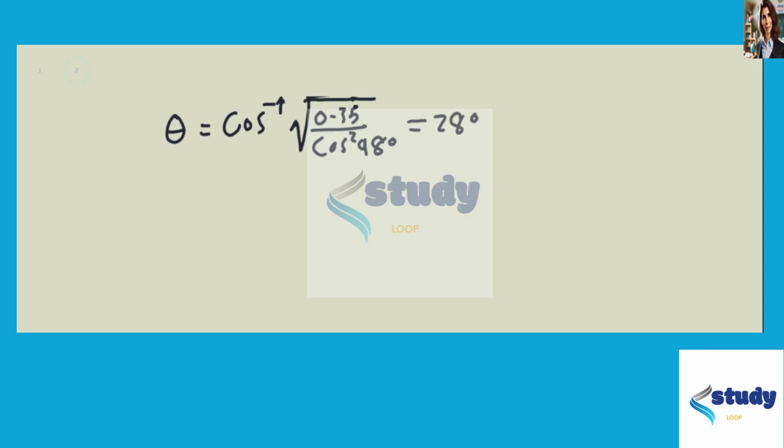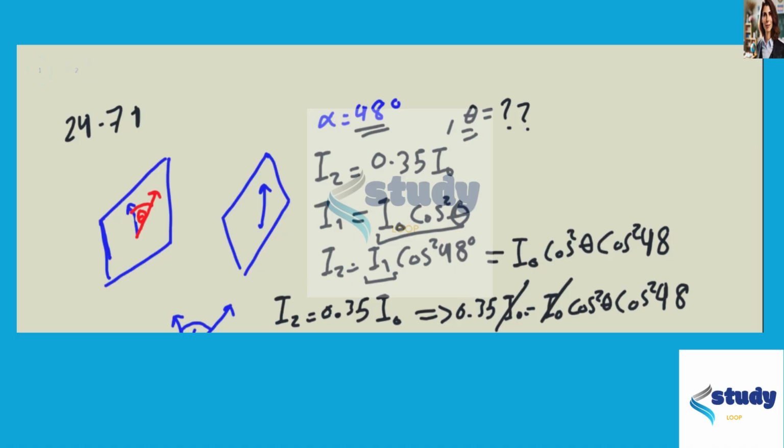So the initial angle between the direction of polarization of the polarized light and the optical axis of the first polarizer was 28 degrees.